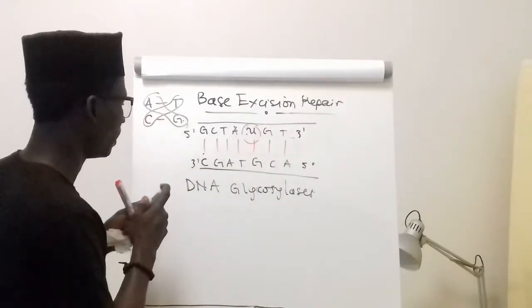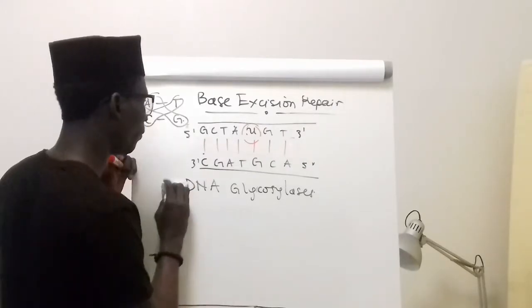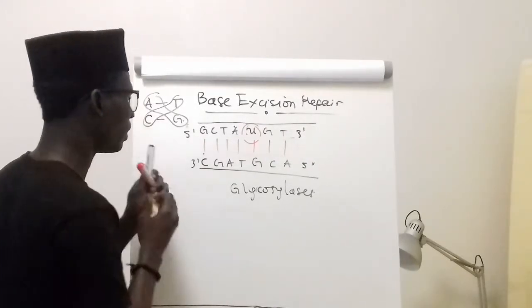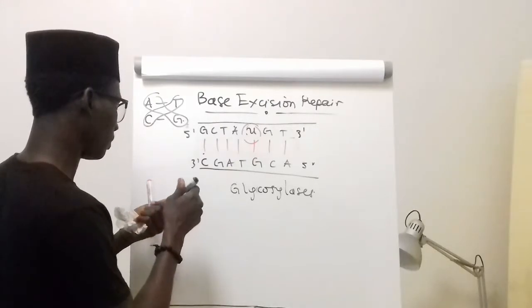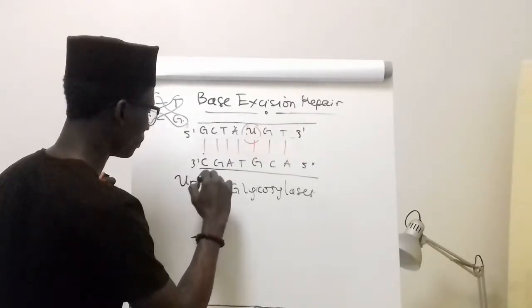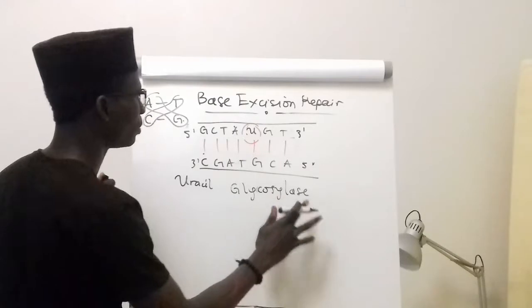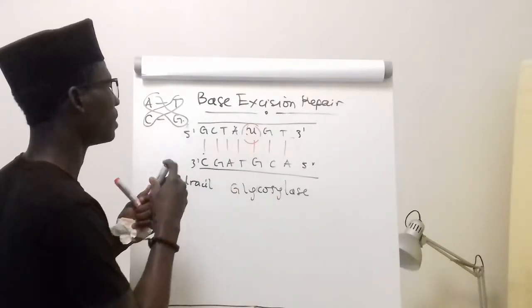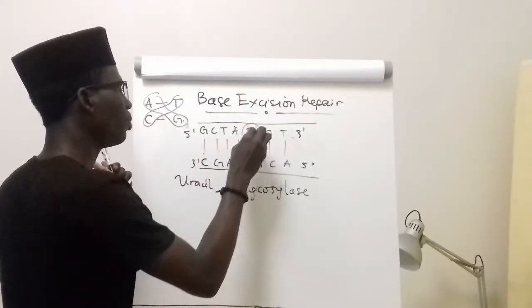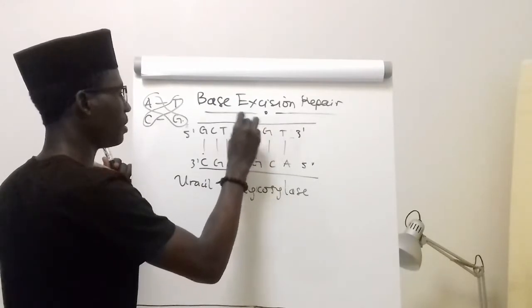The first thing we have here is a certain enzyme. Since this is uracil, you have uracil glycosidase. Uracil glycosidase comes, and the first thing it does is remove the base, it nicks out the base.